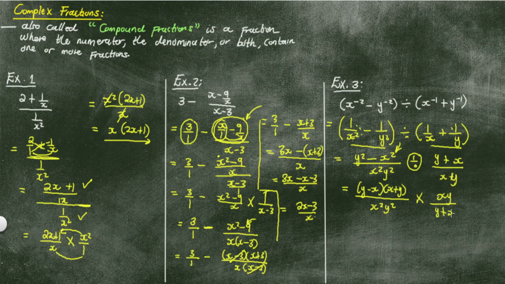So it's going to be y plus x, equal to this times that, this times that, xy, y minus x, x plus y, divided by x squared y, plus x. And then I can see that this and this are the same, and then this x will cancel one x, this y will cancel one y here. I'm now left with y minus x over xy. So this is the final answer.